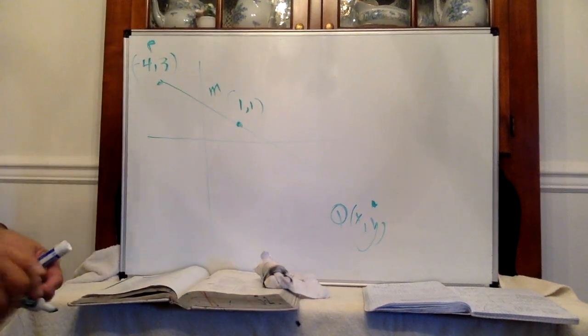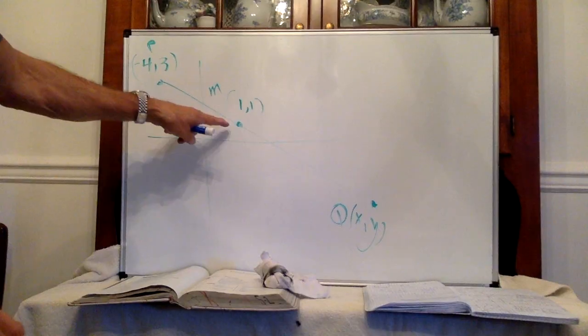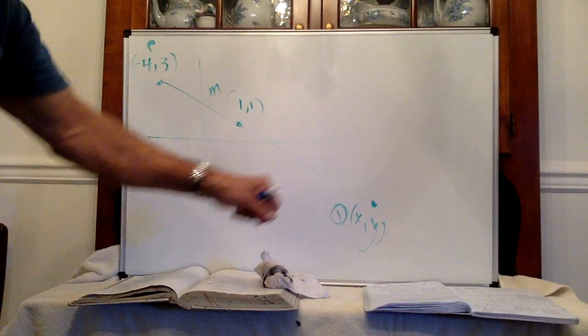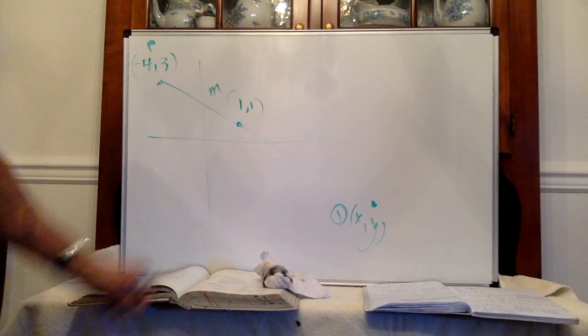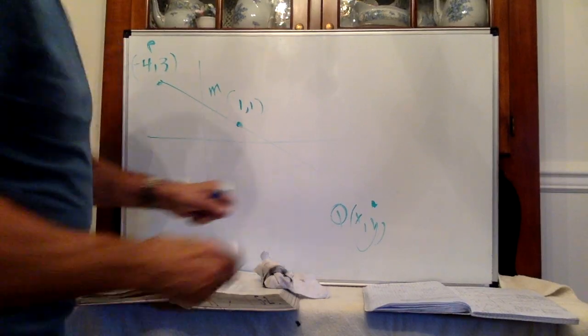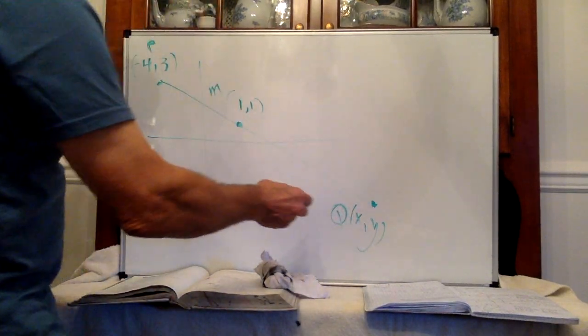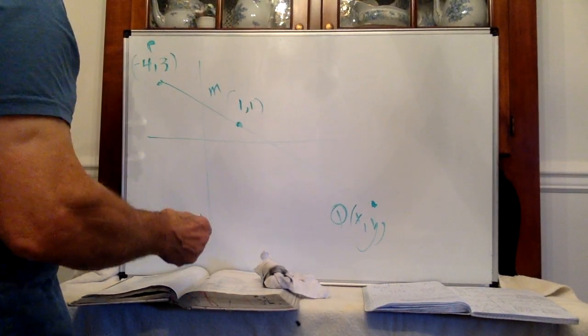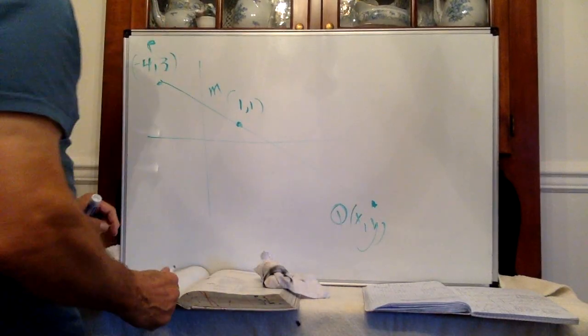Here you're given the coordinates of the midpoint, and you've only got one of the two endpoints. How do I find the coordinates of point Q if 1, 1 is the midpoint of PQ?